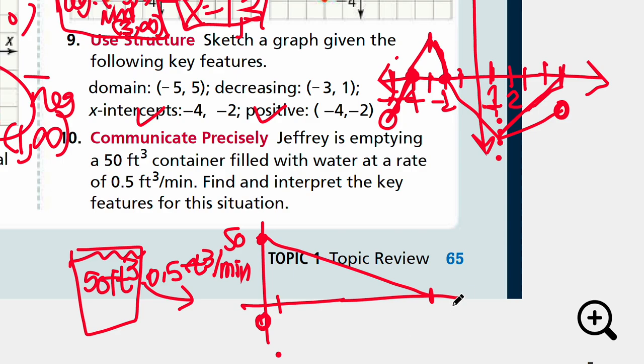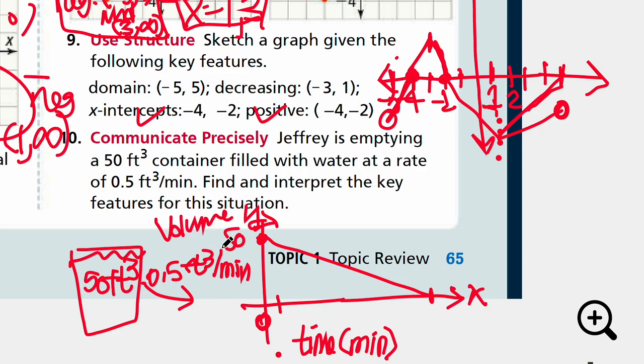Because your x represents number of minutes, your time in minutes. And then your y represents the volume of water, right? In feet cube. And then, so this is 50.